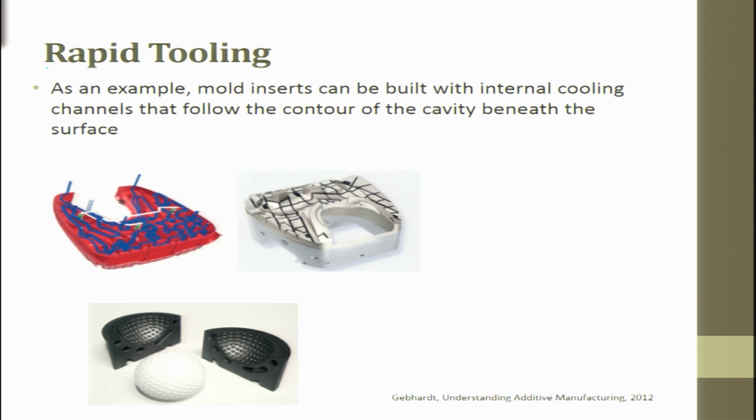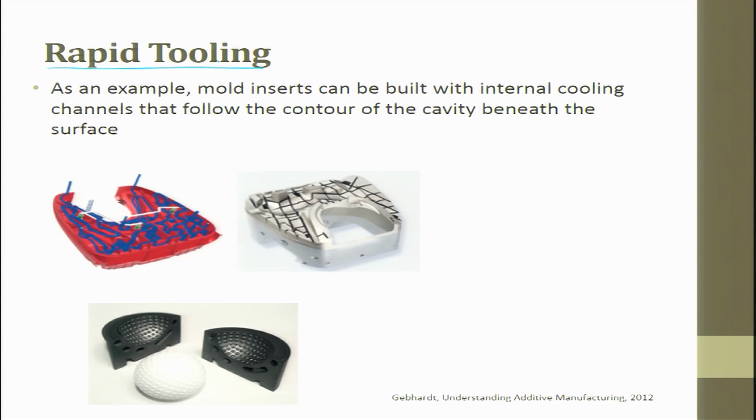What we are trying to talk about in rapid tooling is, you are not making the product, you are making the tool for making a product in a rapid fashion. Why? Because you are trying to reduce the product life cycle time. So, this is what is called rapid tooling.